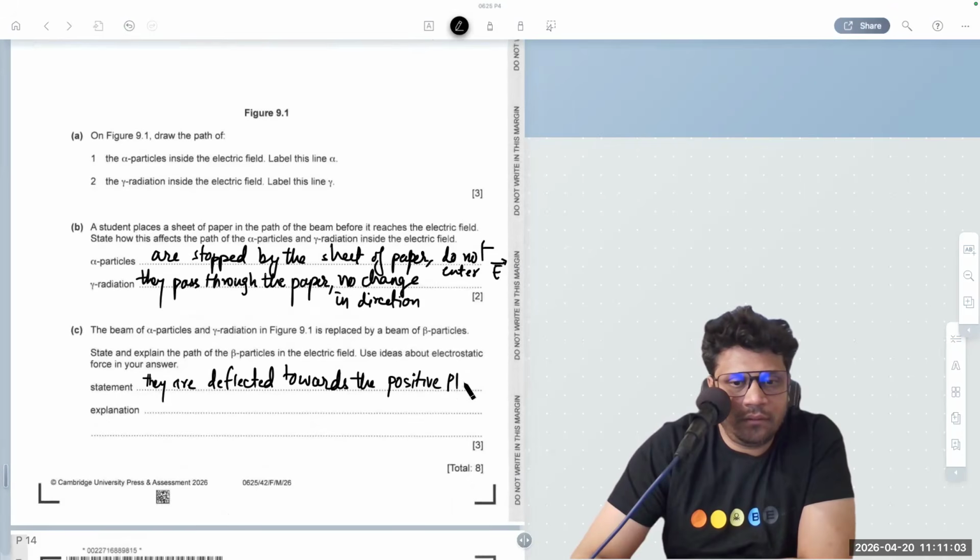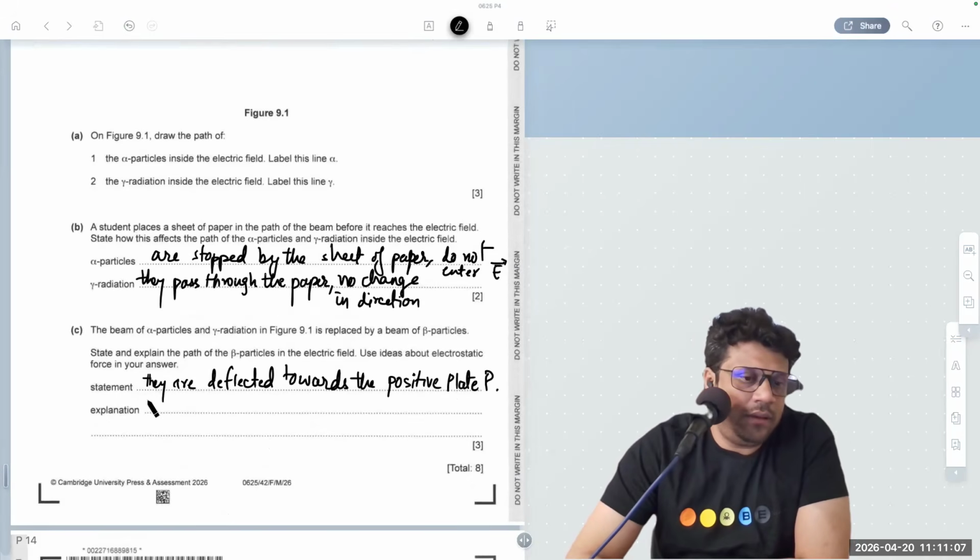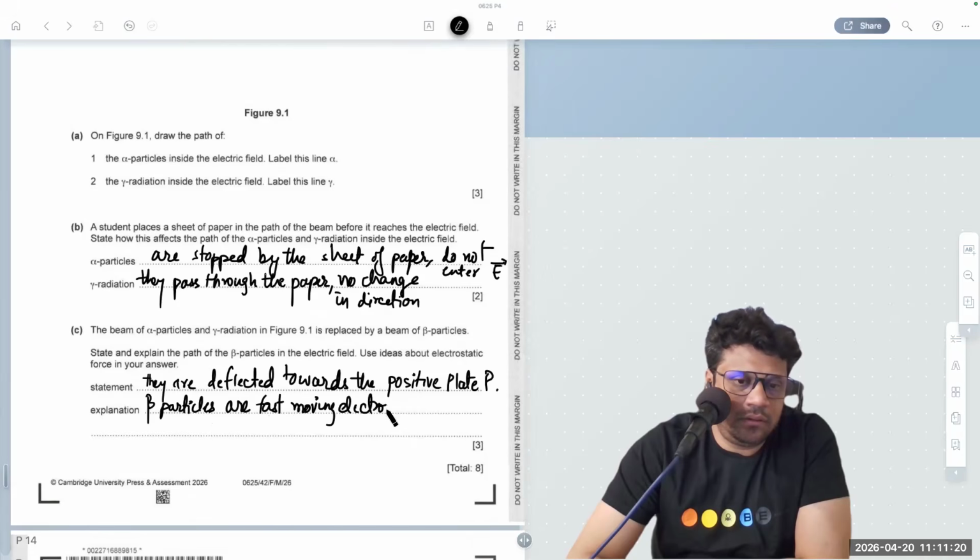Explanation: beta particles are fast moving electrons. They are attracted by the positive charge.